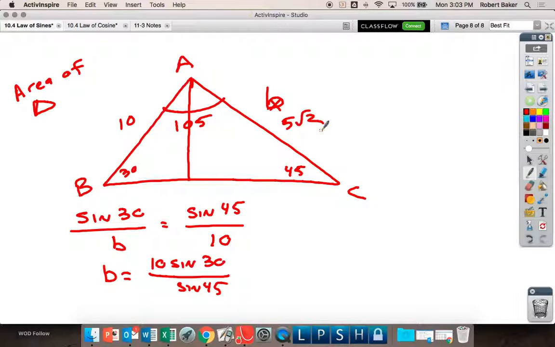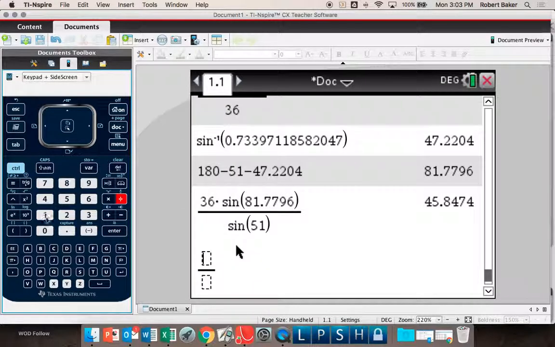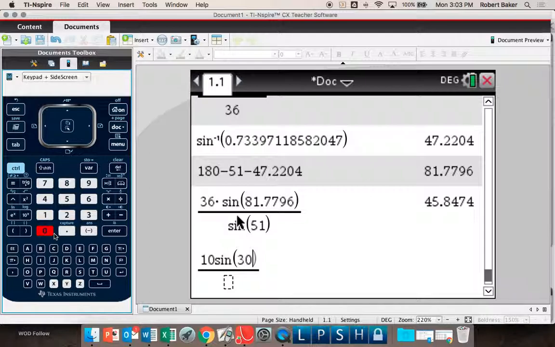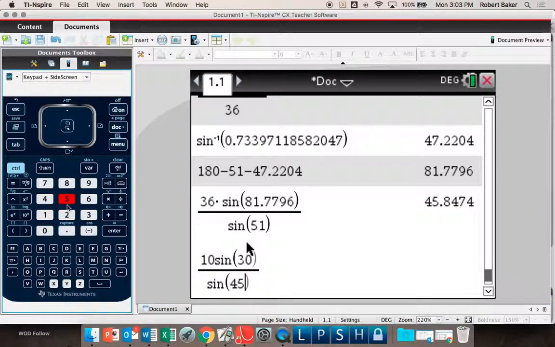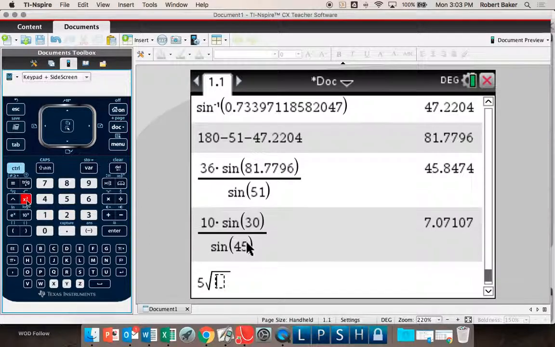So 10 sine 30 divided by sine 45. 10 sine 30, which is 5, divided by sine 45, which is the square root of 2. 7.07.